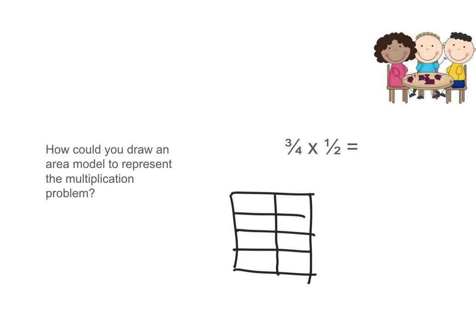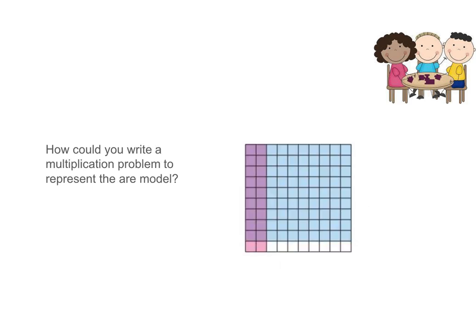We would shade in 1/2 vertically and 3/4 horizontally, and then look to see how many boxes were double shaded. In this case, 3 of the 12 boxes were double shaded, so 3/4 times a half is 3/12.